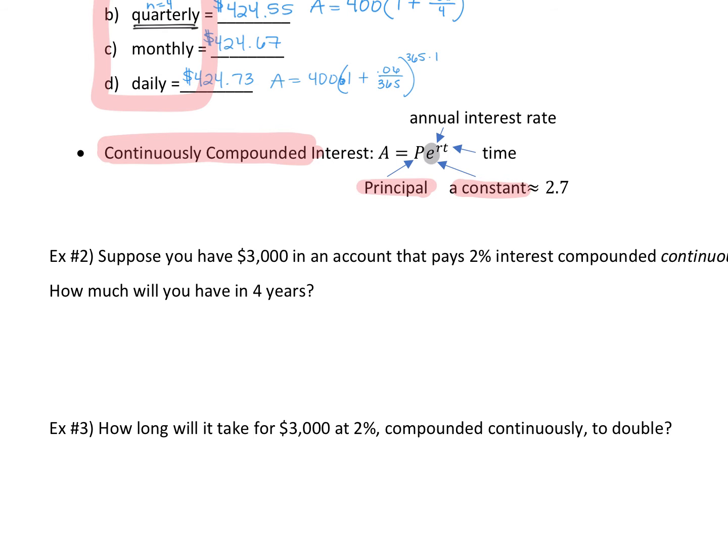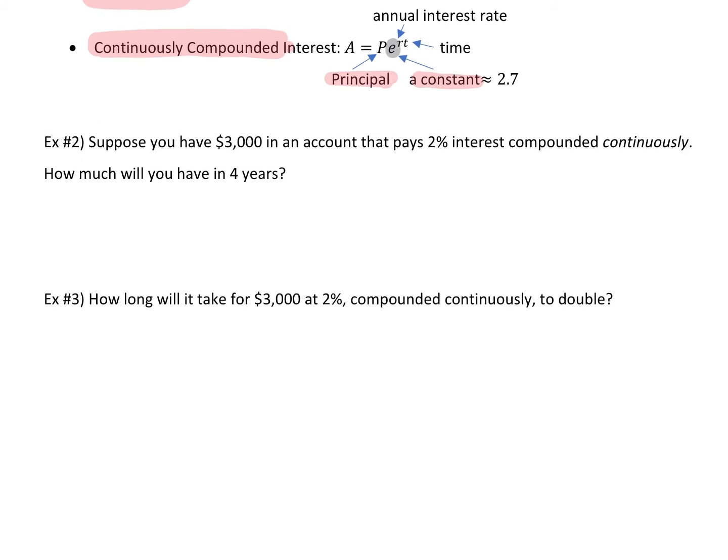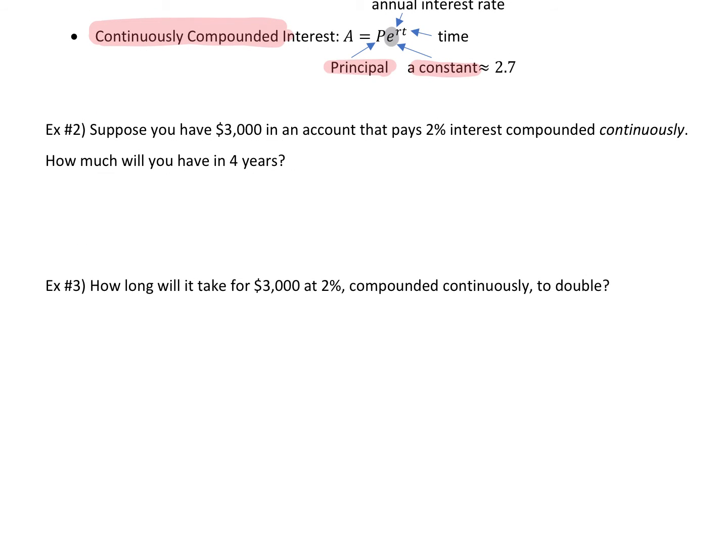So let's plug this in. It says, suppose you have $3,000 in an account that pays 2% interest compounded continuously. So right there, you should say, I'm doing this. How much will you have in 4 years? What is P? What's your principal? What's your starting amount? 3,000.